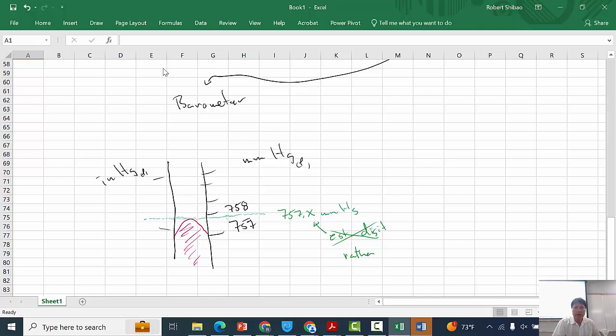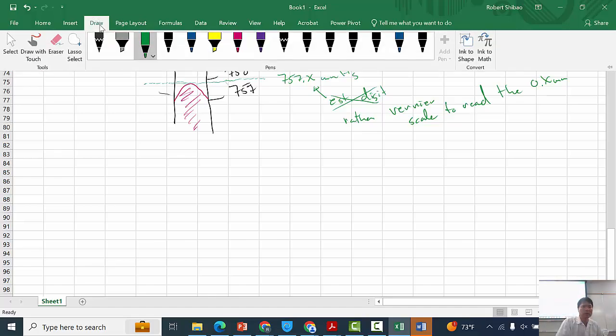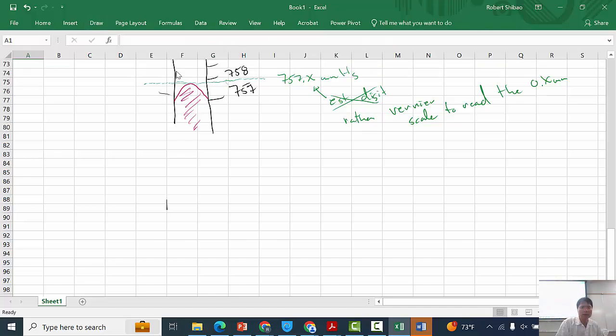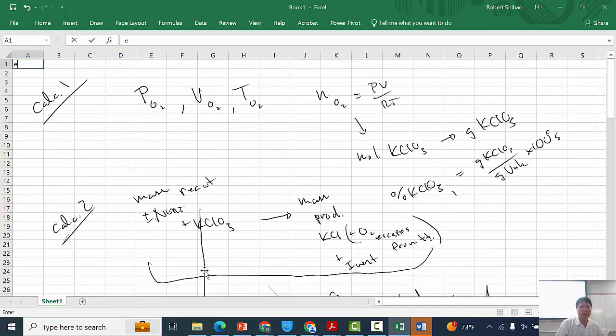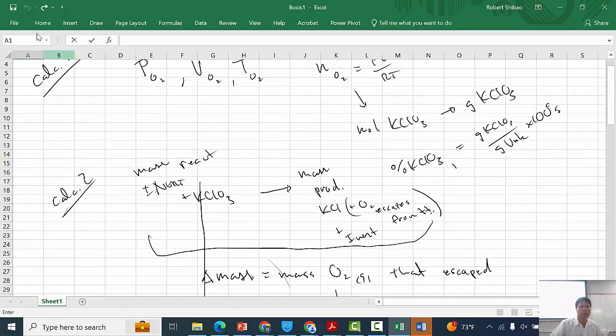Rather, we're going to use the vernier scale to read the 0.x millimeters. So the vernier scale is just a little metal plate that slides on the barometer. You can move it up or down.